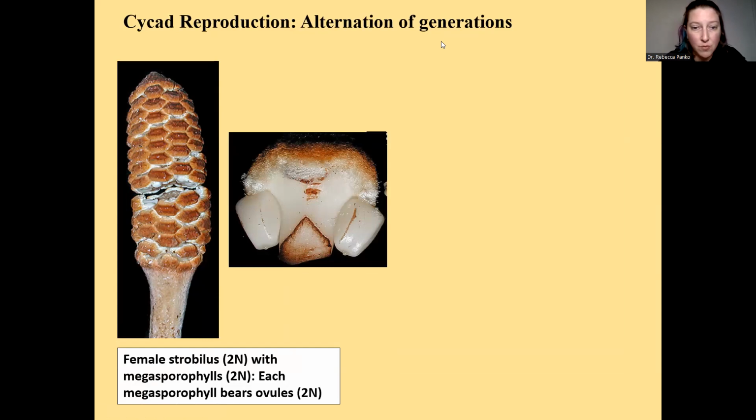So we have the female Strobilus, this whole thing on the left. And what is a Strobilus made out of? It's a stem with leaves that have sporangia on it. That's what a Strobilus is. So on this Strobilus, we have leaves that, in this case, look like those little oyster cracker things.